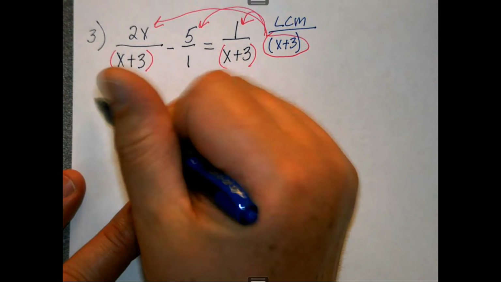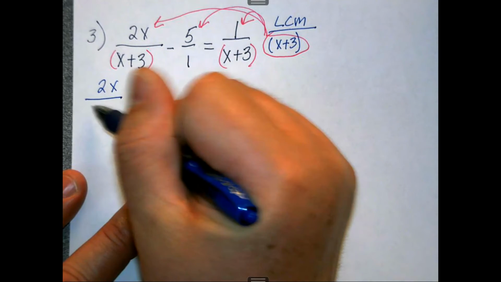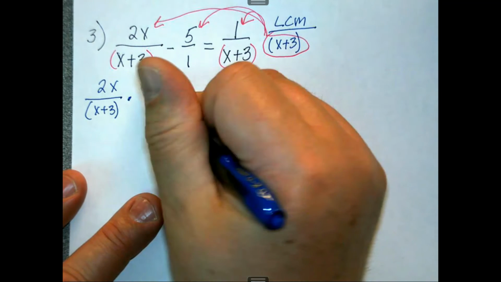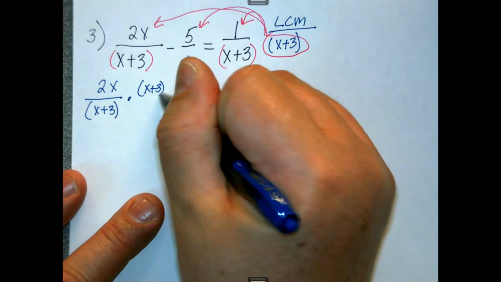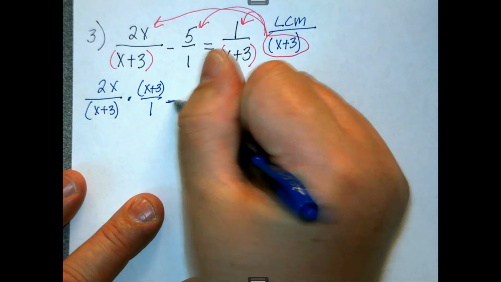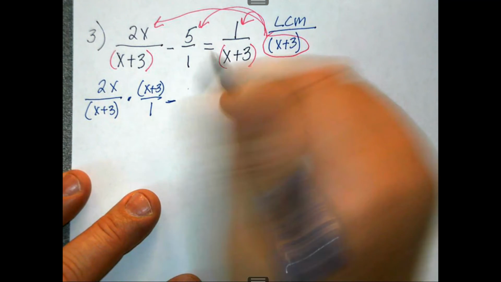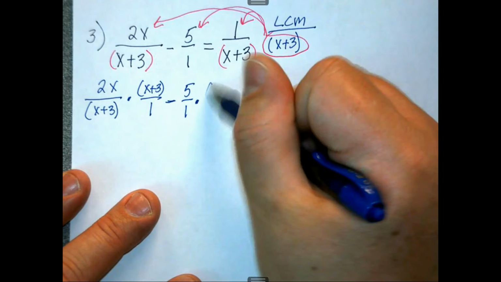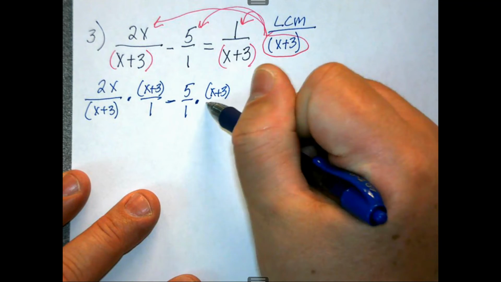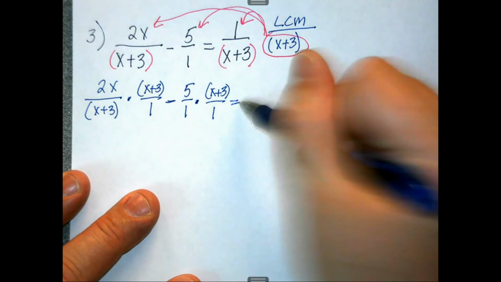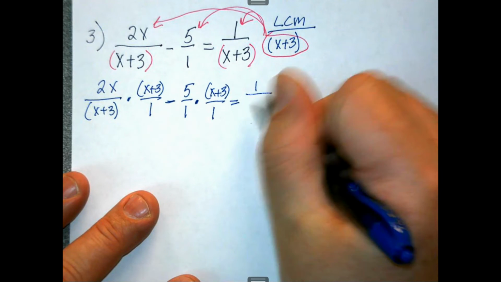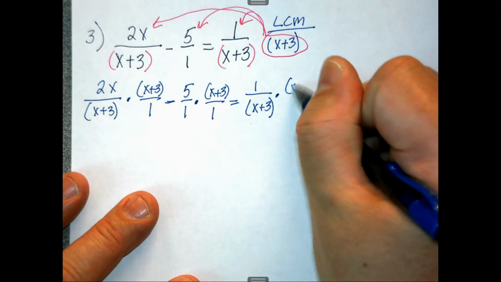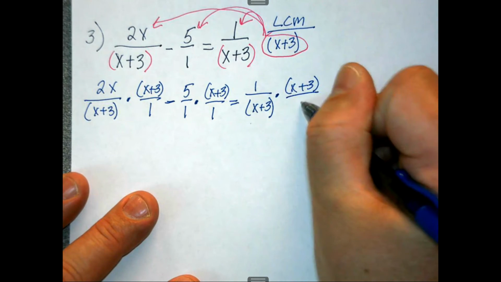Okay, so I'm going to have 2x over x plus 3 times x plus 3 over 1 minus 5 over 1 times x plus 3 over 1 equals 1 over x plus 3 times x plus 3 over 1.